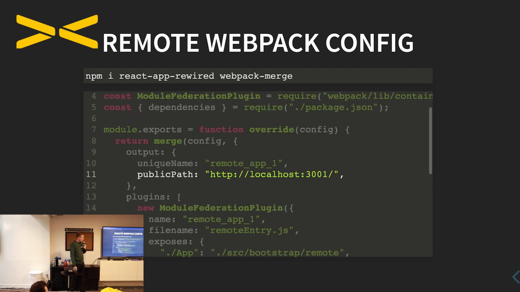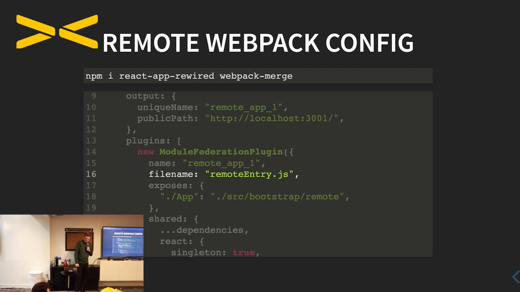We're also going to set a public path, which for now is going to be localhost because we're doing this all on my laptop. But when you actually deploy this out, this might be the host that you actually find this thing on. So for now, you may want to switch that out for an environment variable or whatever you like. But we're going to stick with localhost for tonight.